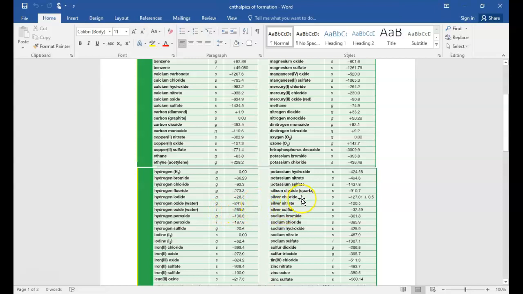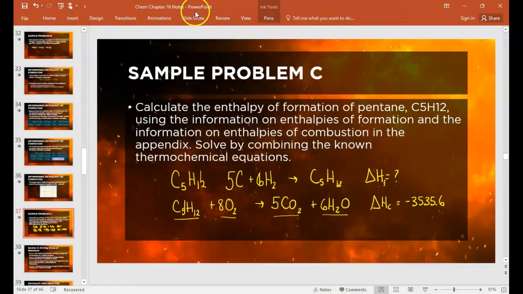And why I chose the gas over the liquid is this is combustion, so it's happening at high temperatures, likely to form steam rather than liquid water. So water is negative 241.8. Carbon dioxide is negative 393.5.